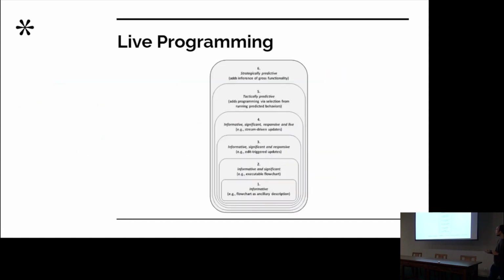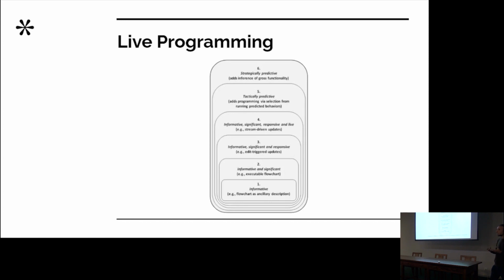So taking a look at this concept of live programming. Live programming is a concept where, you know when you're editing code and you forget a parenthesis, you immediately get a squiggly line telling you that there's something wrong there.